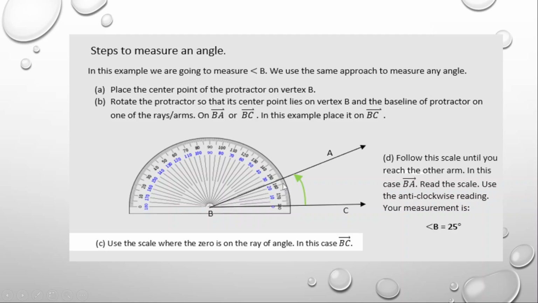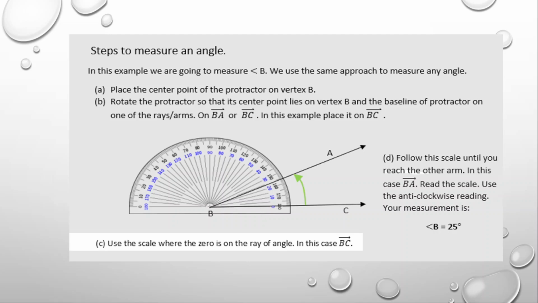But there are another few units there, and it's on 5. So it's naught, 10, 20, and 25. So we use the scale where the 0 is on the ray of the angle. We start counting. Naught, 10, 20, and we count the units. 1, 2, 3, 4, 5, and B is equal to 25 degrees.